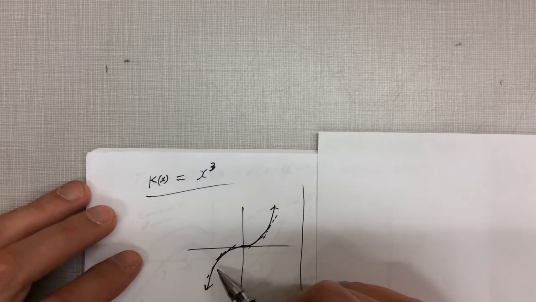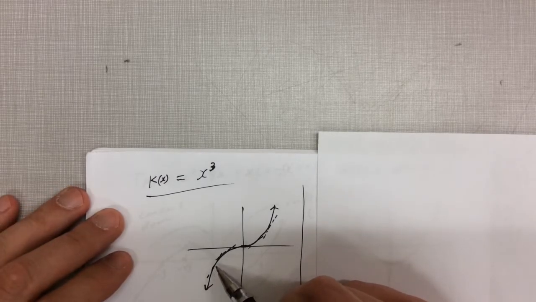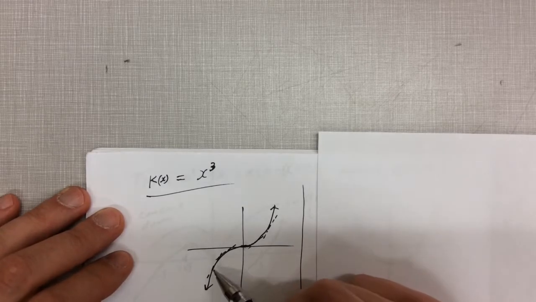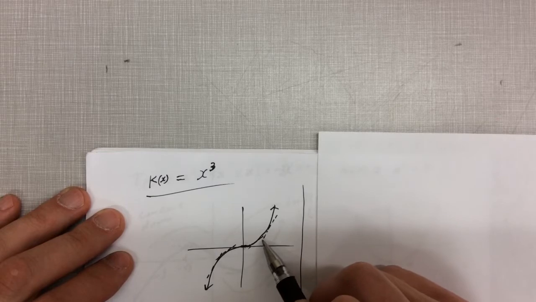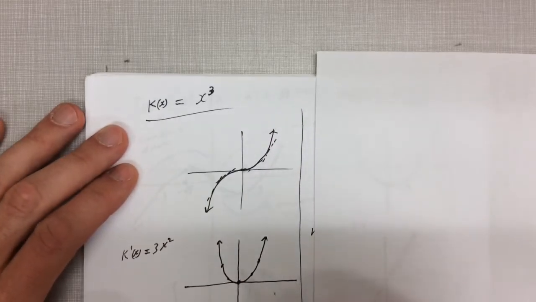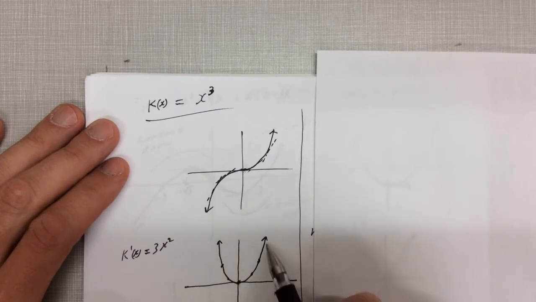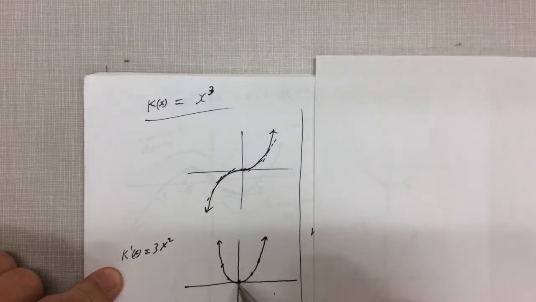Whenever a function is increasing, its derivative must be positive. So on here, we've got positive, less positive, 0, positive, positive. So all the slopes of the tangents are positive. So this quadratic makes sense. Okay? The derivative is always positive except for here.